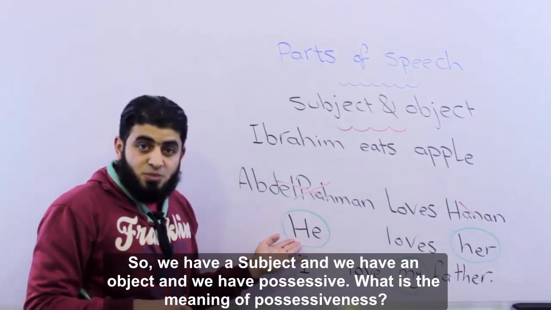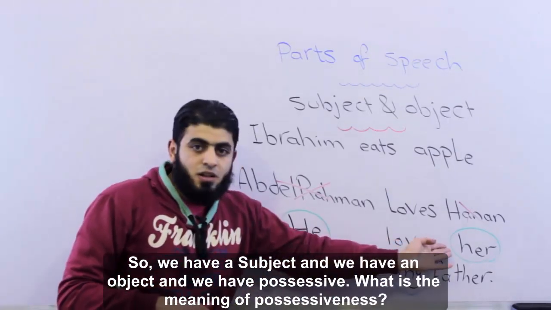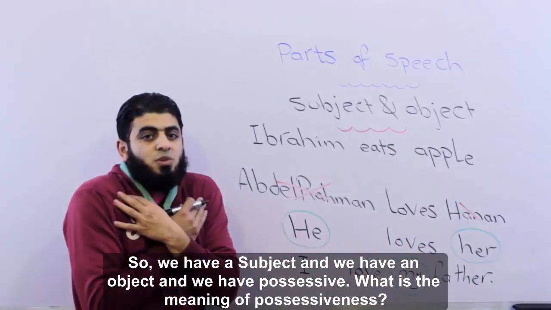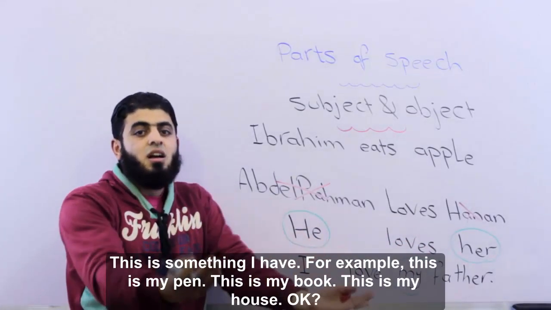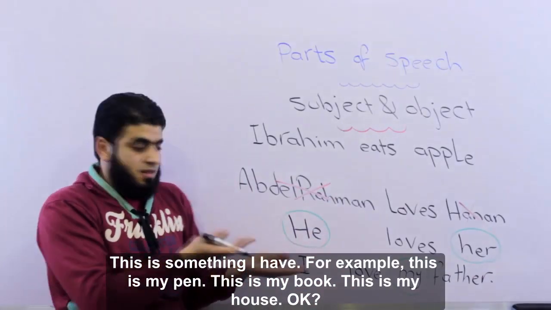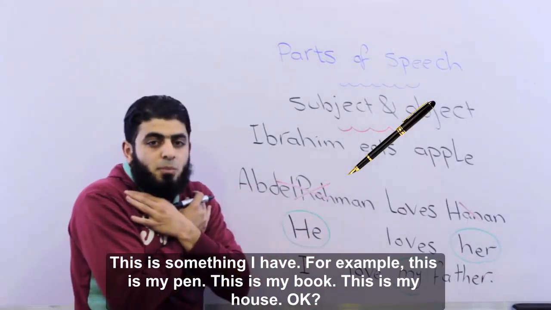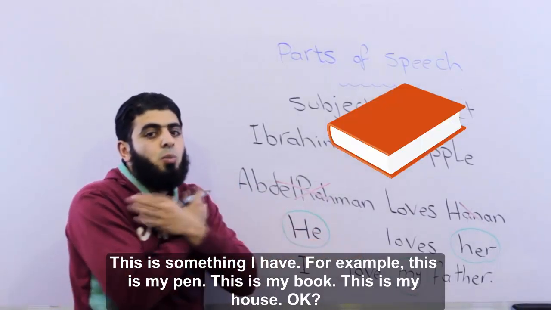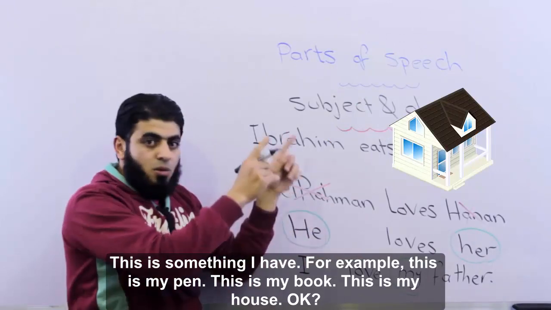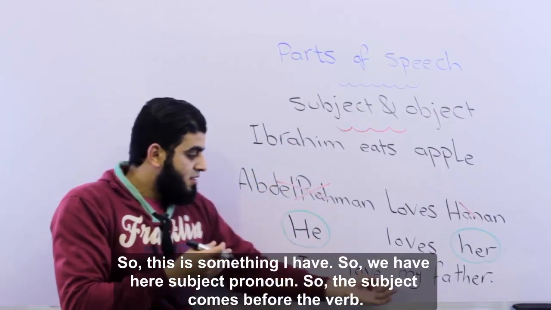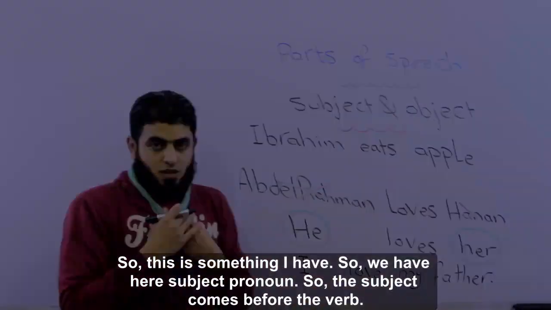What about here? I love my father. So we have a subject and we have an object and we have possessive. What's the meaning of possessiveness? This is something I have. For example, this is my pen. This is my book. This is my house. So this is something I have.